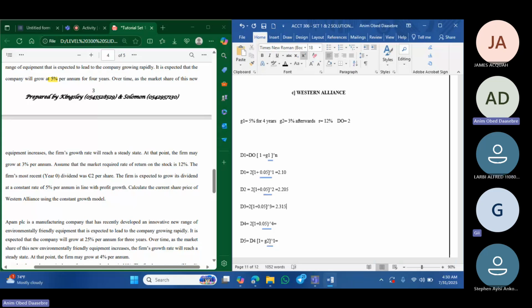Let's leave this here. Okay. D4 is 2.431.